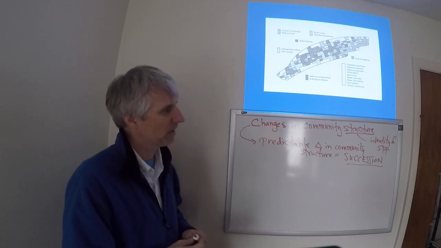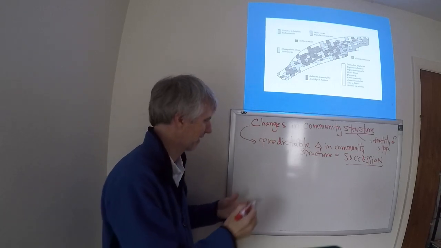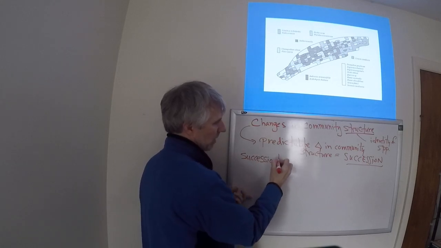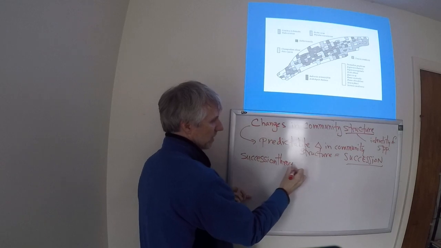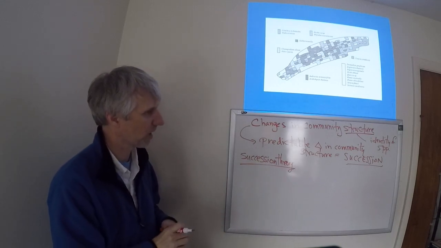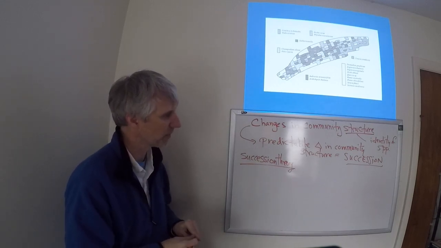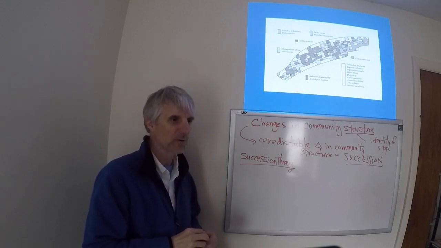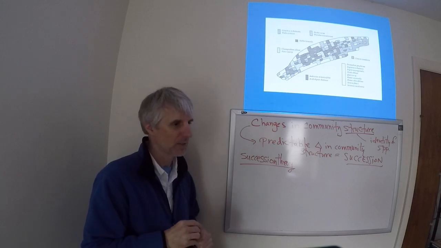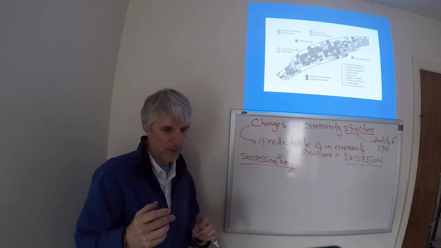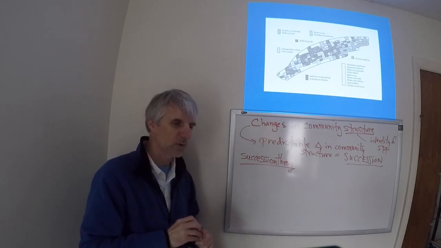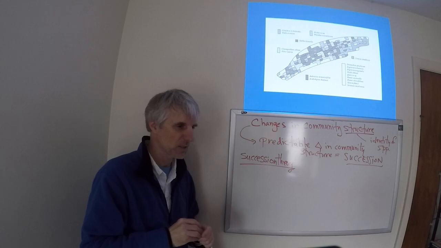Now, successional theory first developed after the Industrial Revolution. The Industrial Revolution is occurring in the late 1800s in the United States. It probably had its role in the Civil War as well, the North with its ability to produce things, and the South with its mostly agrarian society.